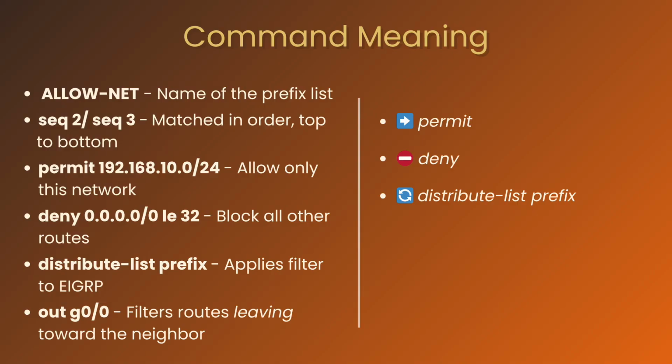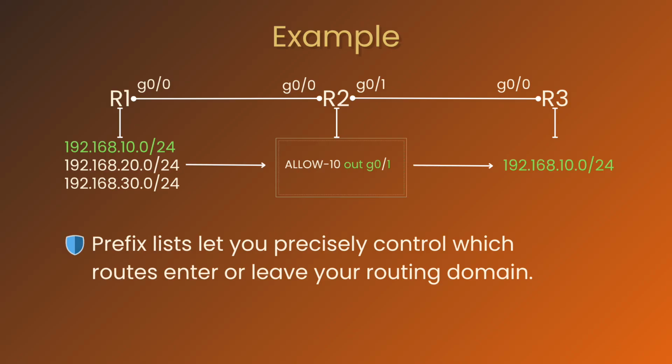This is your explicit catch-all. Then, the distribute list command ties the prefix list to the routing protocol and direction. This is where the filtering actually takes effect. So each piece has a purpose, and together they give you full control over which routes leave or enter your router.